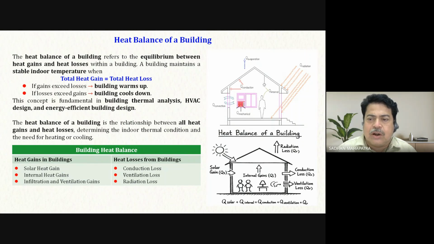What are the different losses? You can see there is a conduction loss, there can be evaporation loss, there can be radiation loss, and these two have to be balanced. The amount of heat gain inside the building must be equal to the heat losses from the building. And in this class, we try to understand how these heat gain and heat loss are estimated or calculated.